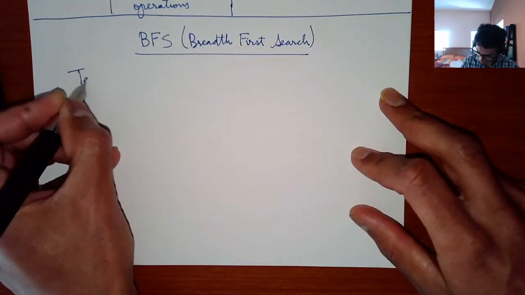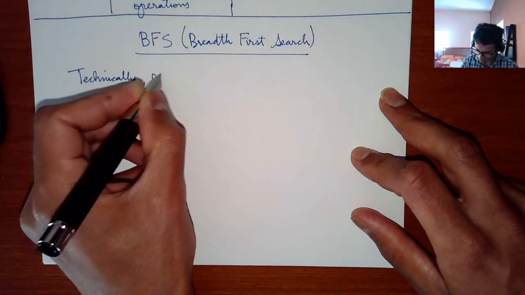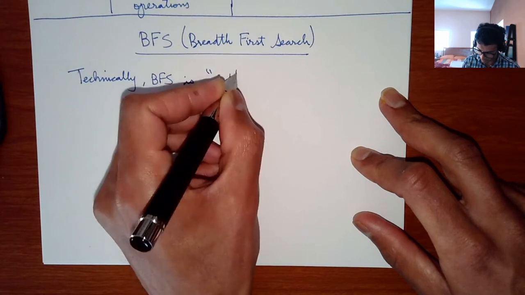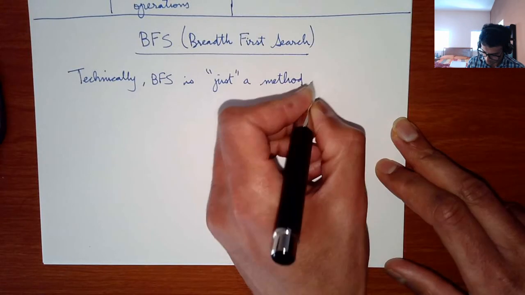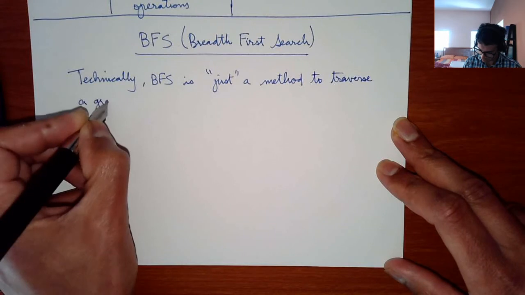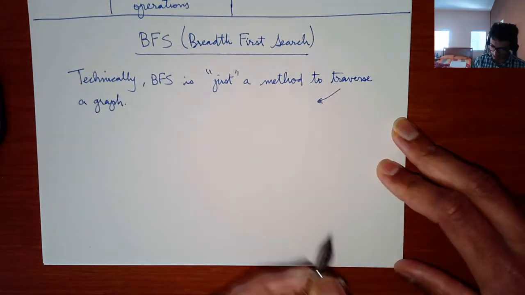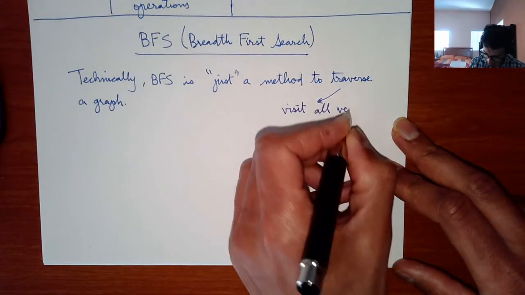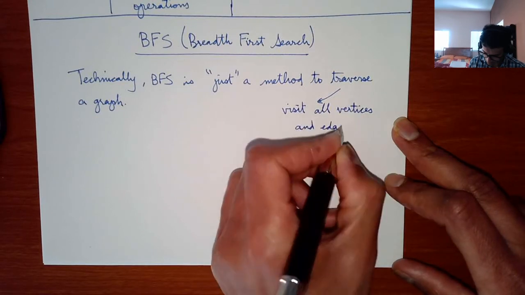Technically, BFS is just a method to traverse a graph. And traverse is basically a fancy word for visit all vertices and edges.